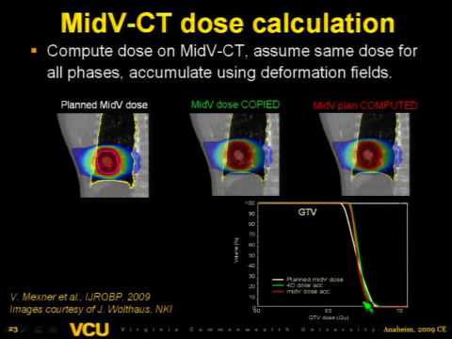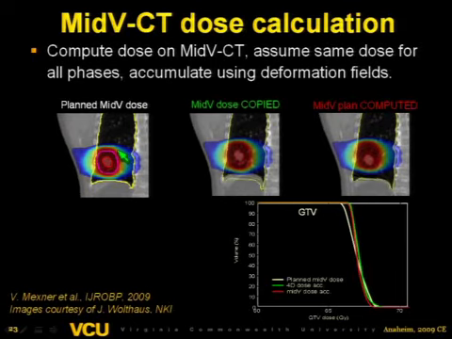And as you can see in this example DVH for GTV coverage, just copying the doses on the mid-ventilation data set and then accumulating them seems to give very similar results to the case when we do full dose calculations.